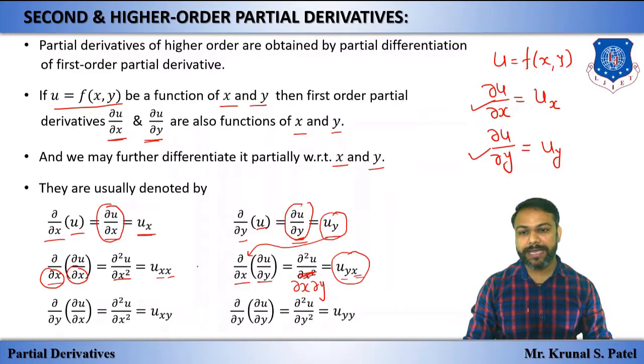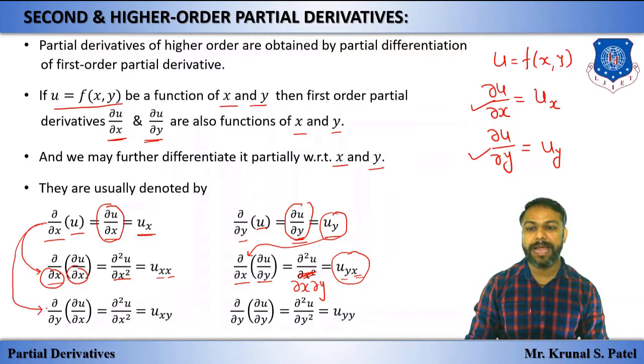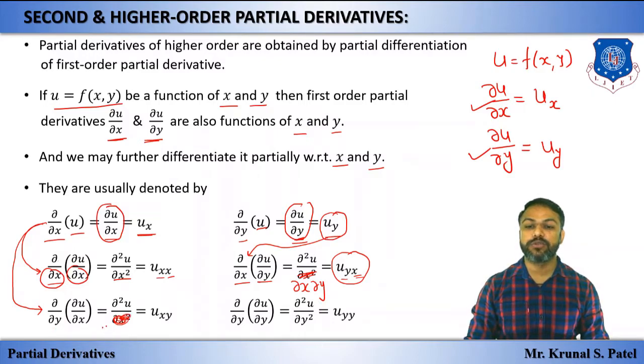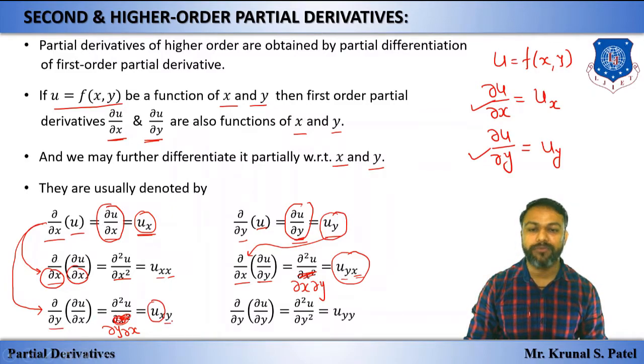Okay, now again if we differentiate this term, this is the differentiation of this term with respect to x and this term with respect to y, that means del by del y of del u by del x. So this will be del square u by del y into del x, and this notation is given by uxy, that means this ux we have, and we are differentiating with respect to y, so multiply only y.